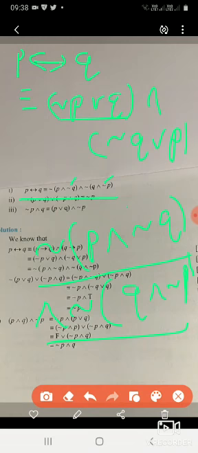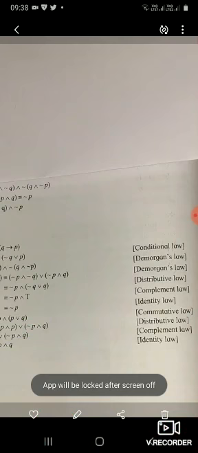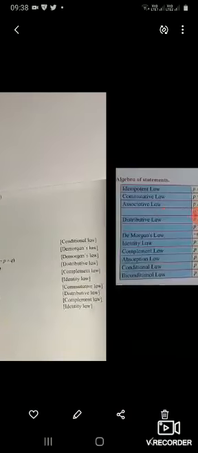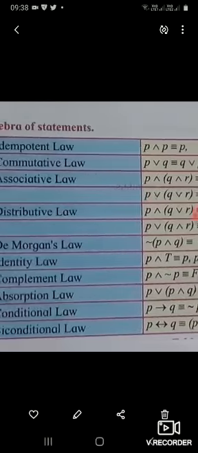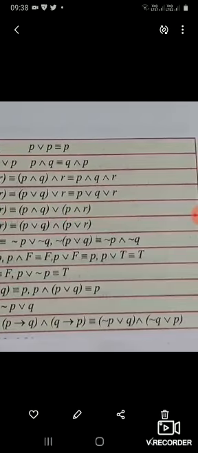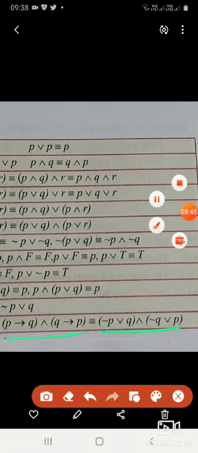Only two laws we have used. First one, we have used the biconditional law. Second, we have taken the negation out. In the textbook it is used like this: first they have used this one, then next they have written this one.